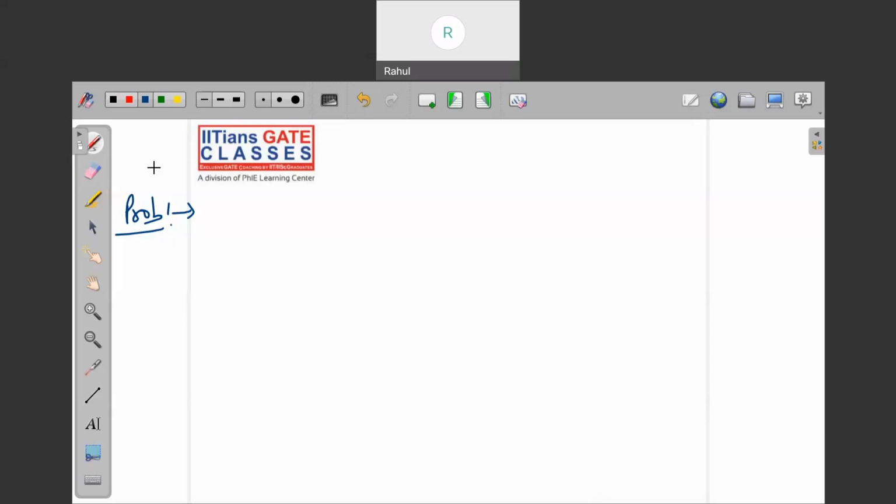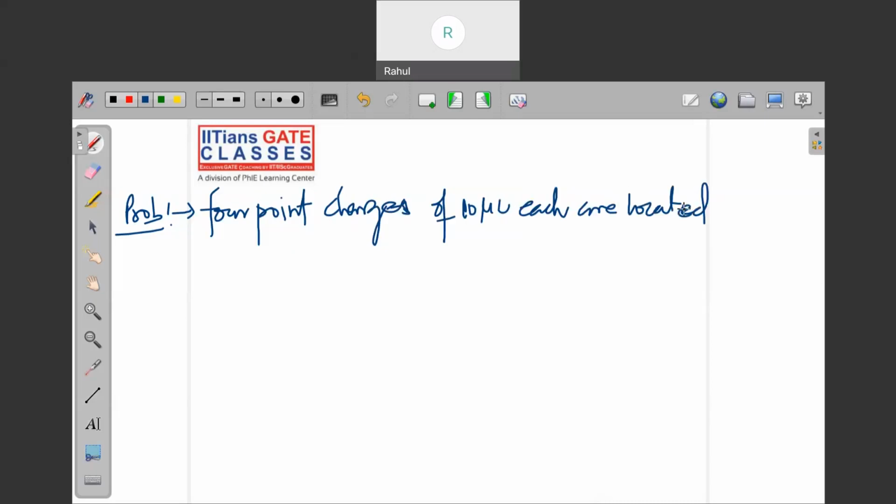So the 4 point charges each are located on x and y axes at plus minus 4 meter.